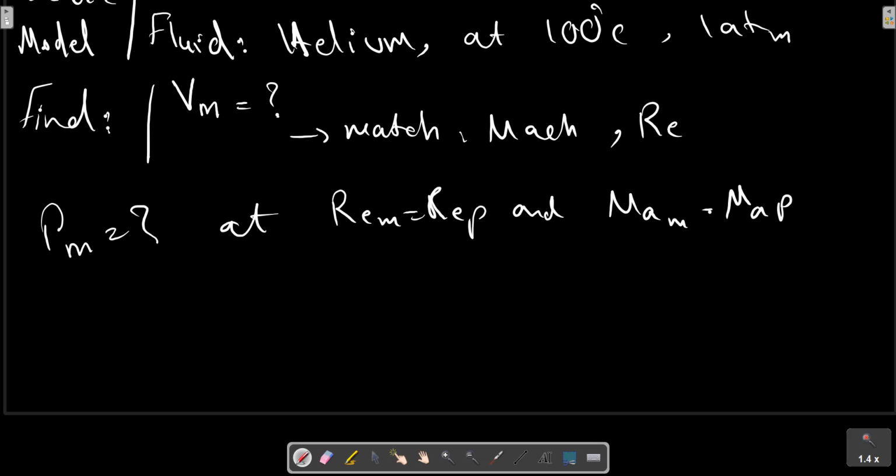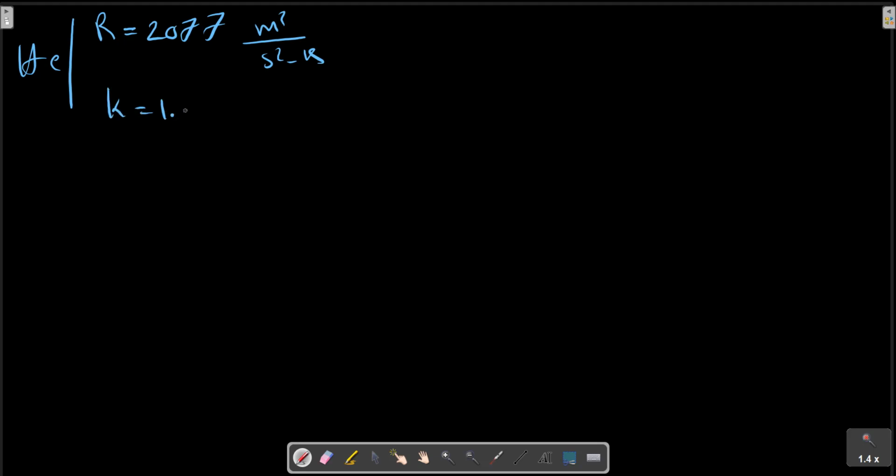So at first we are going to calculate the dimensionless parameters for prototype and model. In this case, consider for the helium R equals to from tables, and K, which is Cp on Cv.